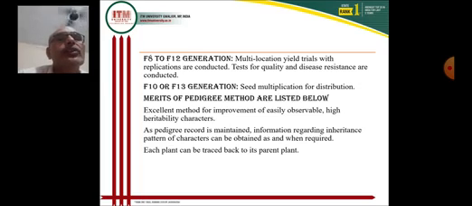As pedigree record is maintained, information regarding inheritance pattern of character can be obtained as and when required. Each plant can be traced back to its parental plant. History of each plant can be opened.